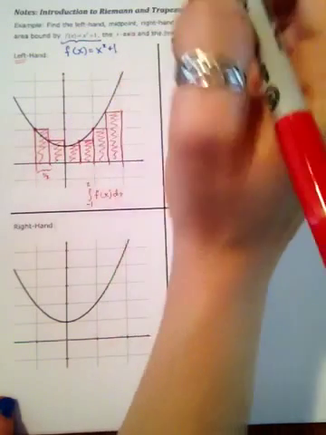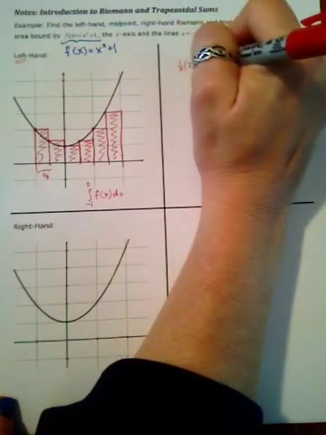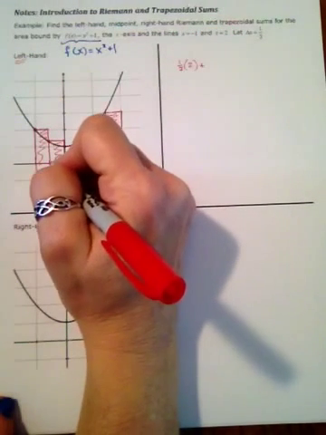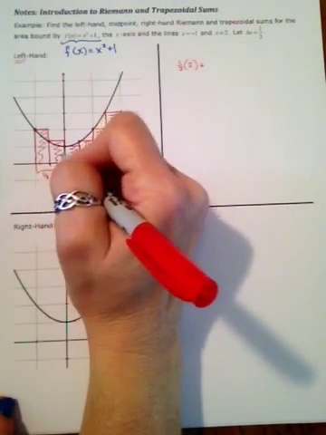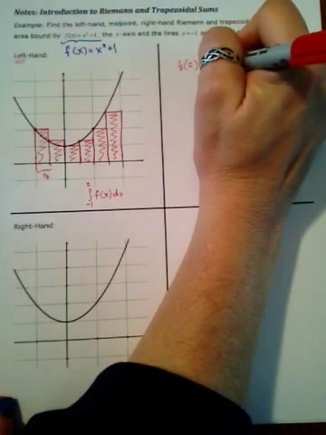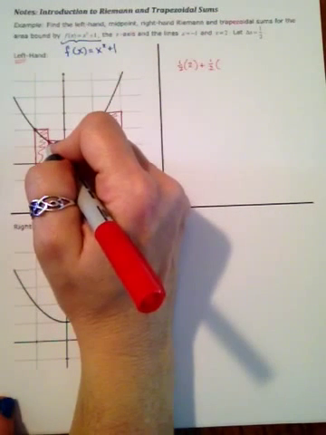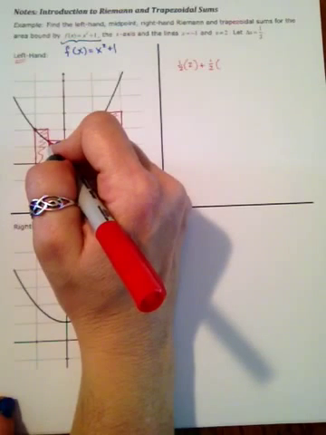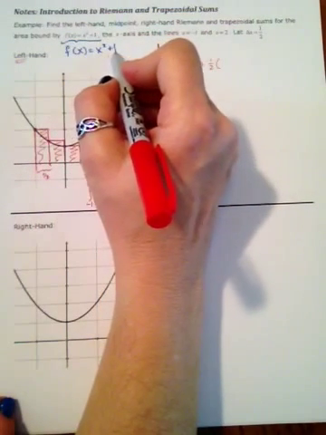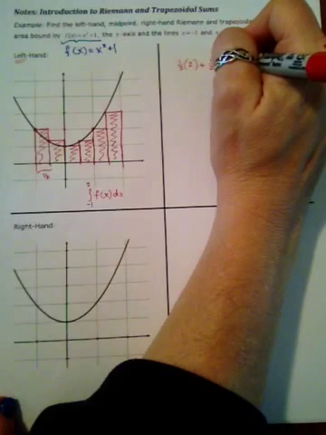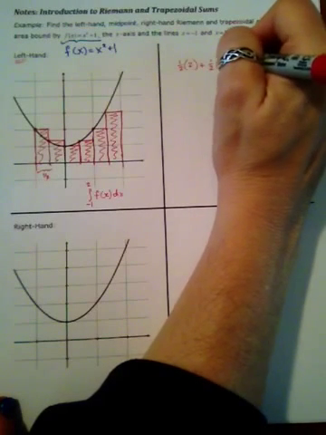It has a height of 2. My second rectangle has a base of 1/2, and I'm looking at the height when x equals -1/2. -1/2 squared is a positive 1/4, plus 1 is 1 1/4, or I'll just use decimals, 1.25.